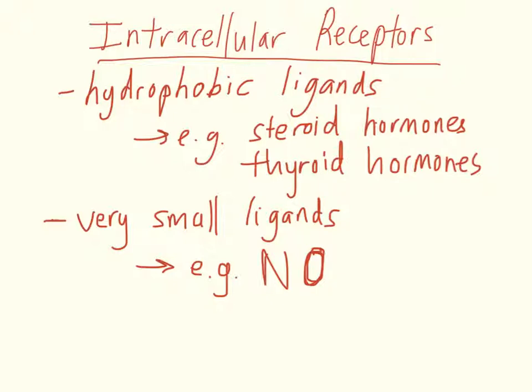As a brief recap, the ligands that bind to intracellular receptors are usually hydrophobic, or they're very small ligands. So for hydrophobic ligands, these would include steroid hormones and thyroid hormones. And an example of a very small ligand would be nitric oxide.